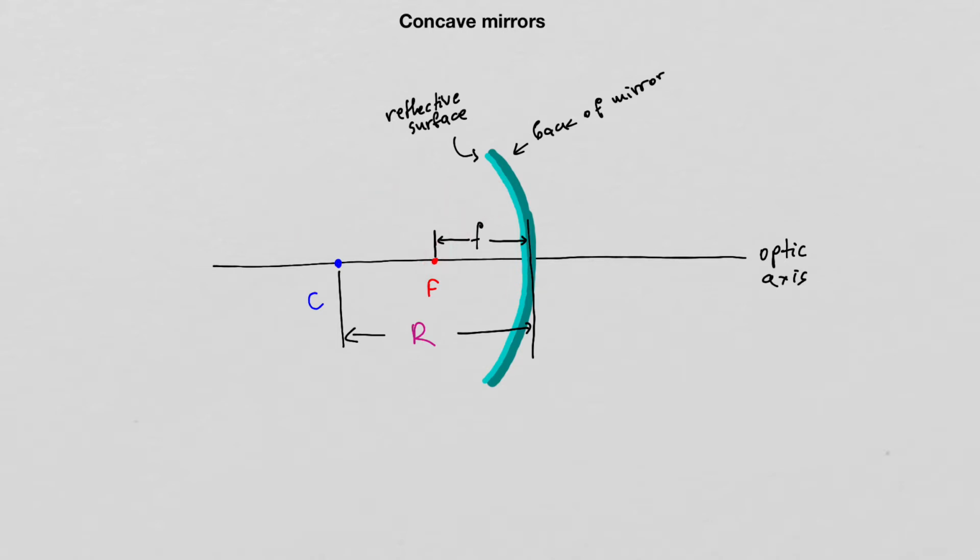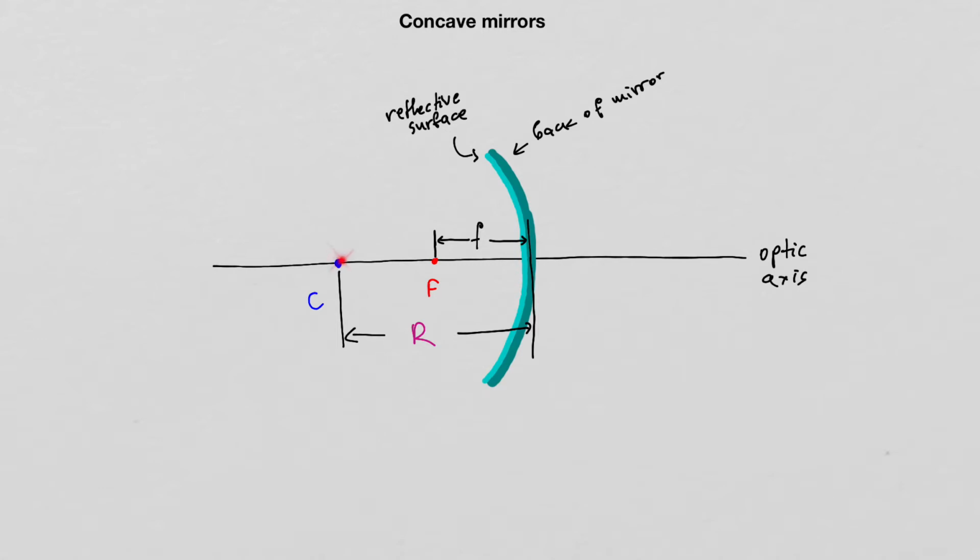So all the light that is incident upon the mirror, parallel to the optic axis, after reflection will converge at that point, the focal point. The distance from the focal point to the mirror is the focal distance labeled with lowercase f.